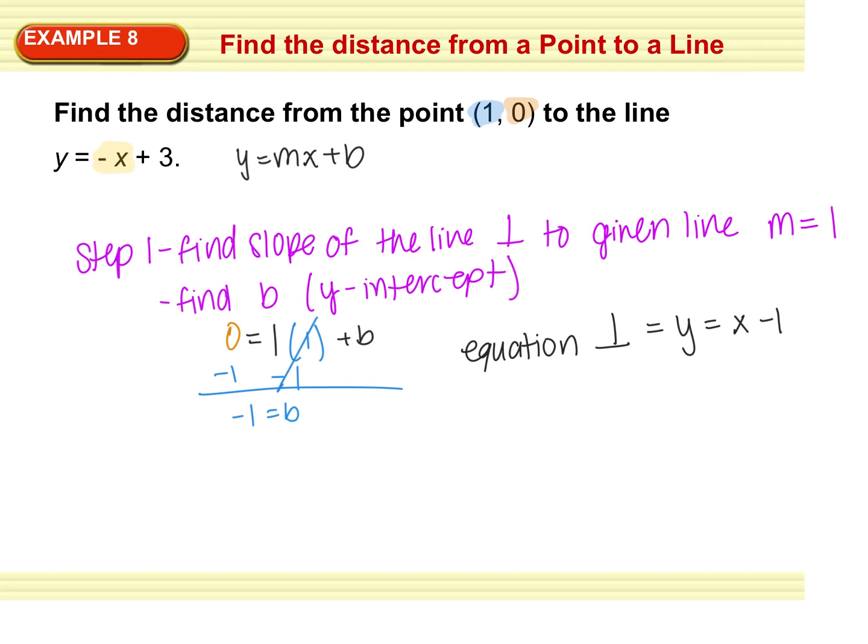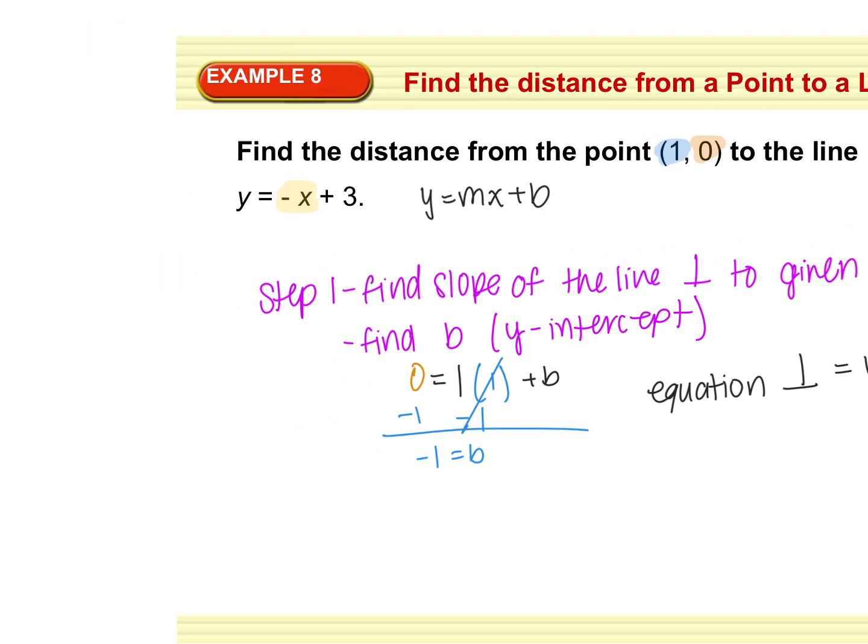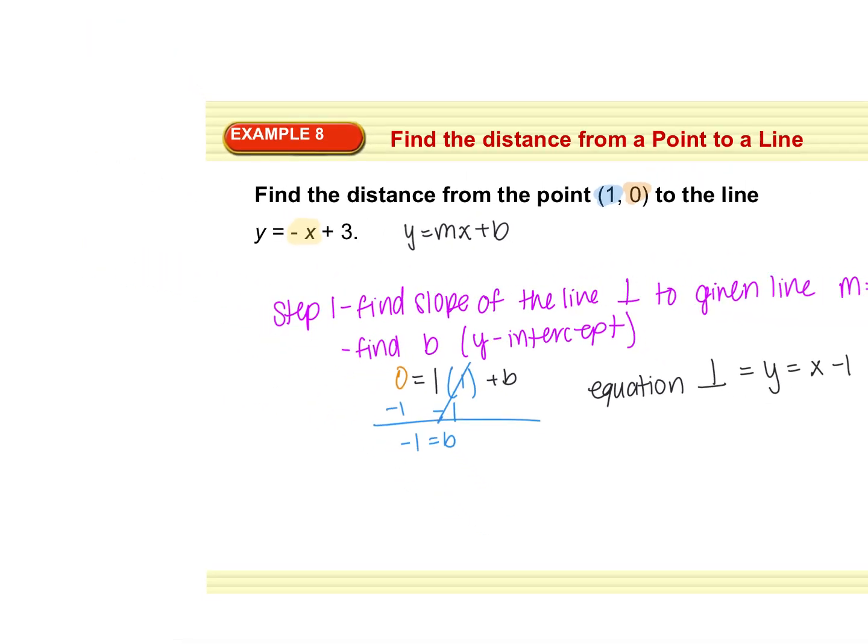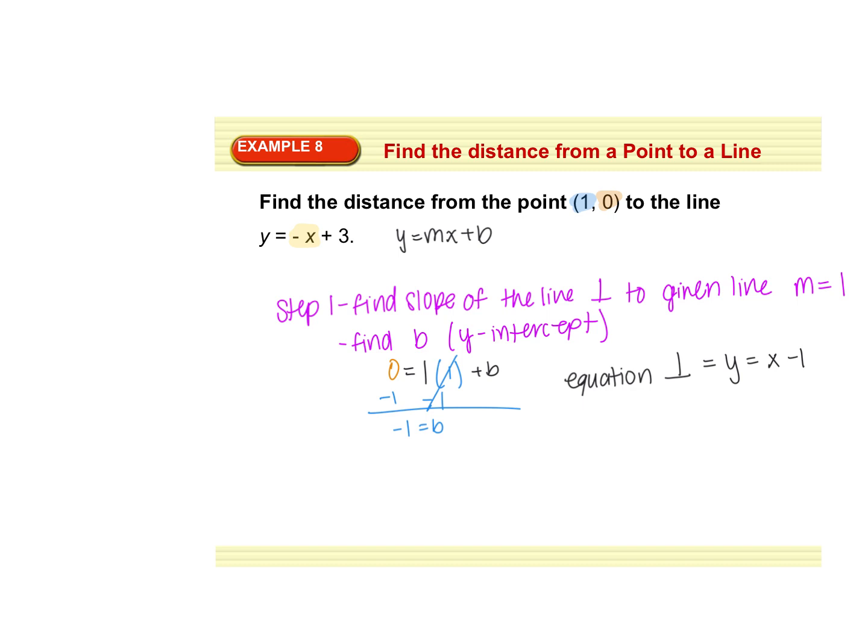You need to find the perpendicular line. So just to review what this question is saying: find the distance from point (1, 0) to the line y equals -x plus 3. My line starts at 3 and goes negative.